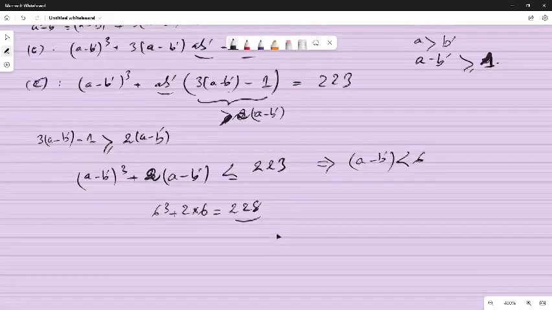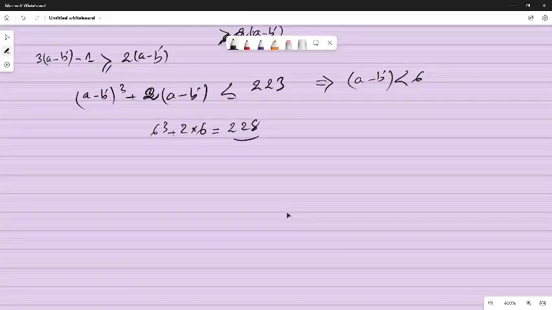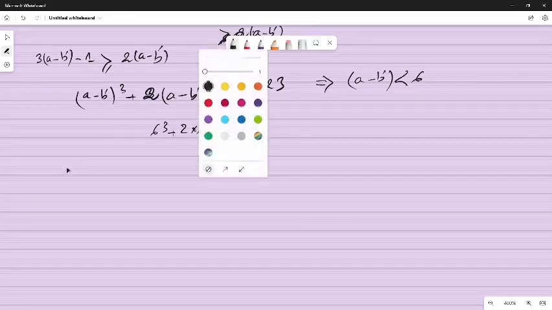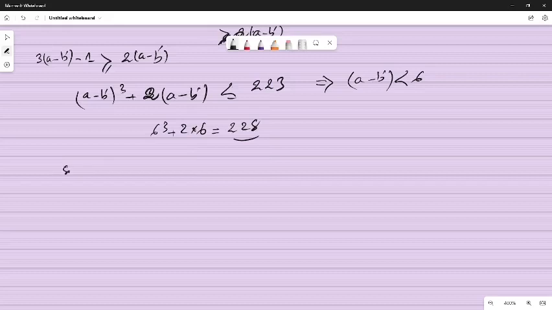Then we have the subcases with a minus b prime equals 1, 2, 3, 4, and 5. I will solve some of them, not all of them.